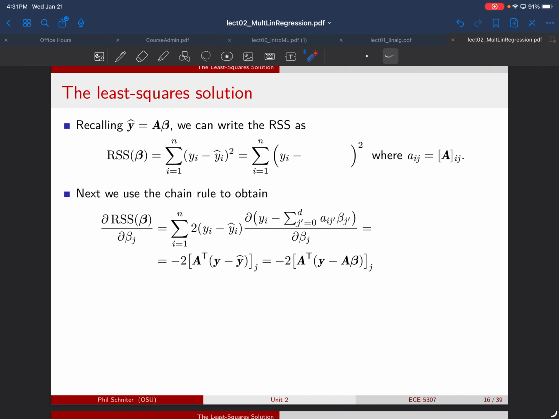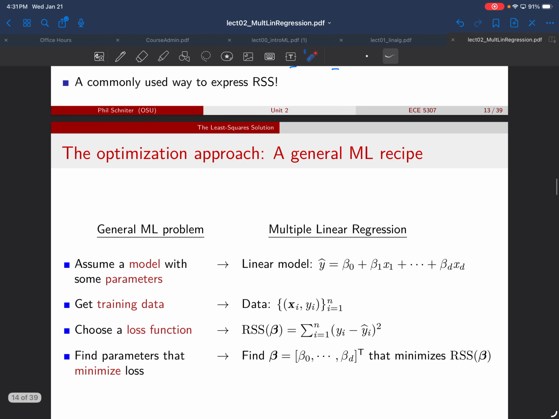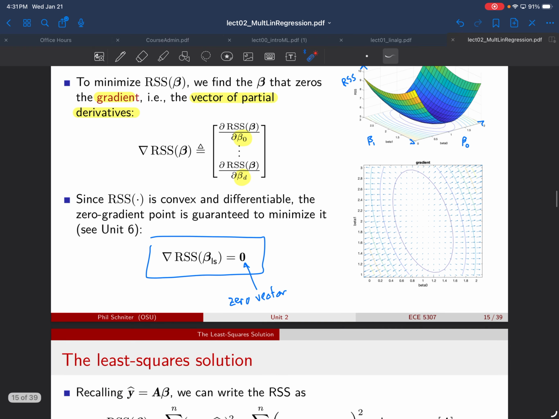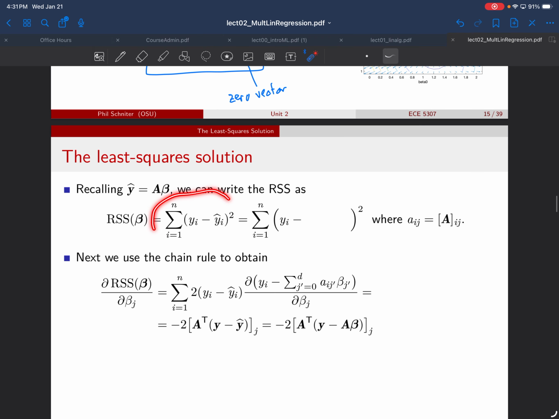So whenever we do calculus, we're going to go back to the world of scalars and summations, do our calculus there on scalars, and then map back to the world of vectors and matrices. In other words, we're not going to try to take the derivative of this with respect to the beta vector, because I don't think most of you have seen that yet. So instead, we're going to rewrite that expression using a sum. And now we're going to use another sum to write this.